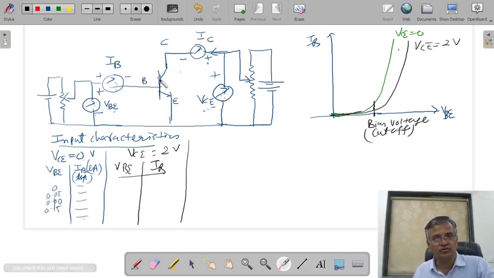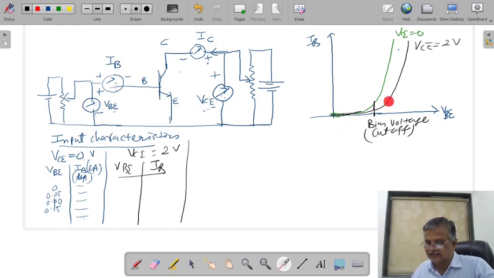So remember these two. How much base emitter voltage is required for the conduction of a silicon transistor? 0.7. For germanium, 0.3.